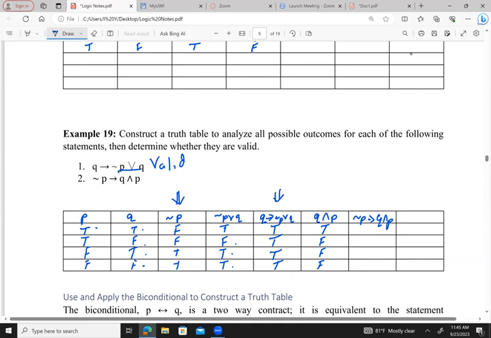So not P is true here, false. So that's a false statement. True here, false. That's a false statement. Every other instance is true. And that means this is not valid.